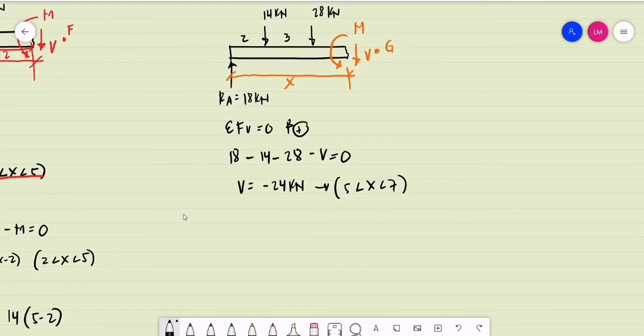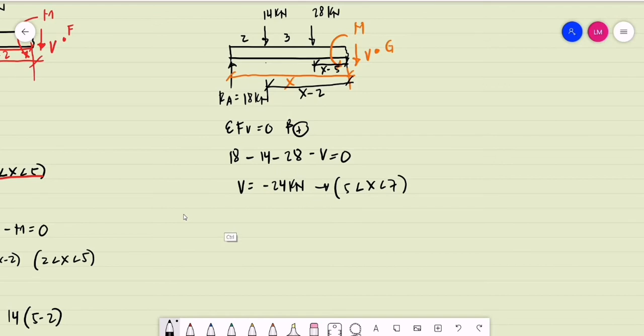And then for the moment, let's say this 28 kilonewtons is at a distance of x minus 5. And again, the 14 kilonewtons is at a distance of x minus 2 meters.